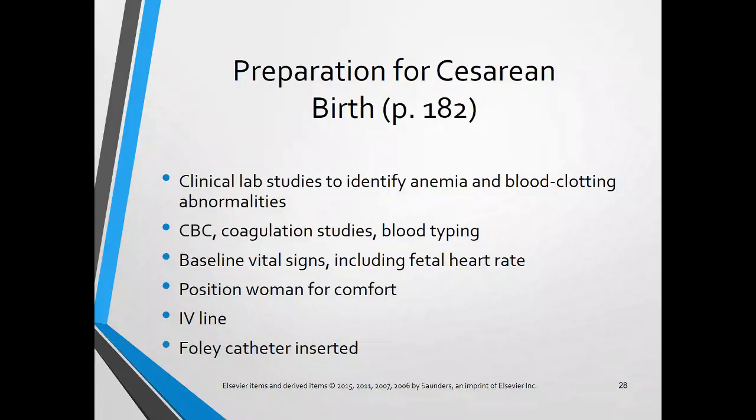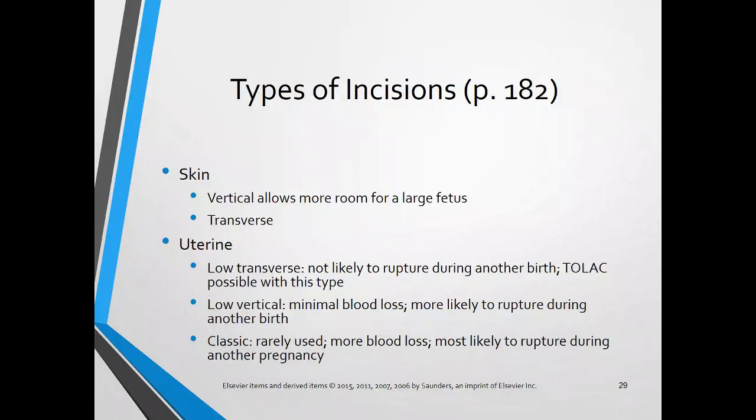Preparation for the cesarean birth: you're going to be looking at labs beforehand, like the CBC and blood typing, making sure they have an IV line, and a Foley catheter inserted. Types of incisions: there's the vertical, which always gives more room for a large fetus, and then there's the transverse, and I'll show pictures of that in the following slide.